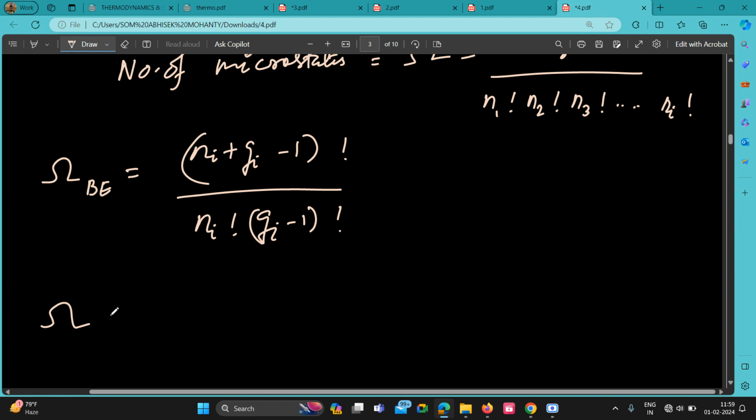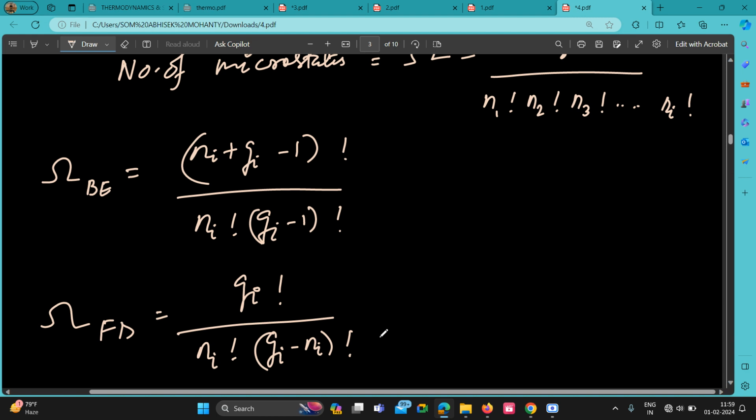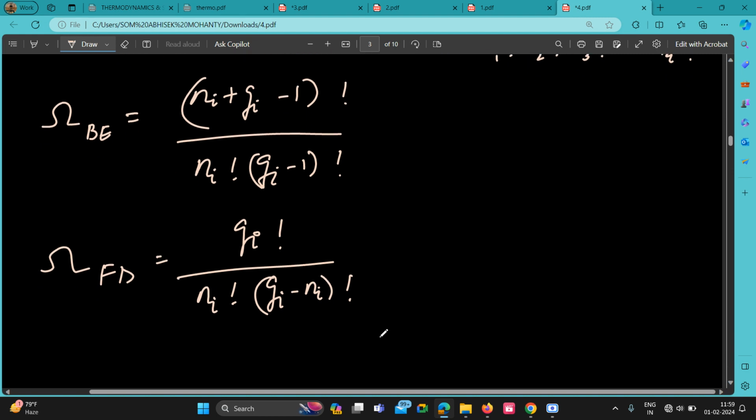Whereas for Fermi-Dirac it will be gi factorial divided by ni factorial (gi minus ni) factorial. Gi is the number of available states. Is that all right?